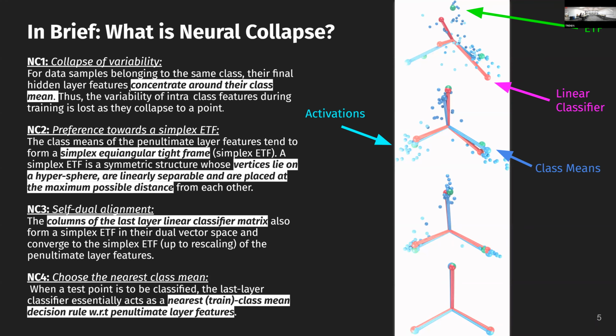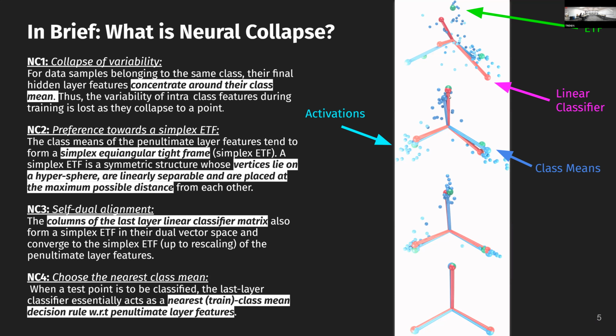The final layer features will concentrate around the class mean. So you're looking at the outputs of some kind of linear classifier prior to argmaxing or softmaxing or anything like that. The final hidden layer features will concentrate around the class mean, and the variability of the features within each class will disappear. This is the collapse of variability.